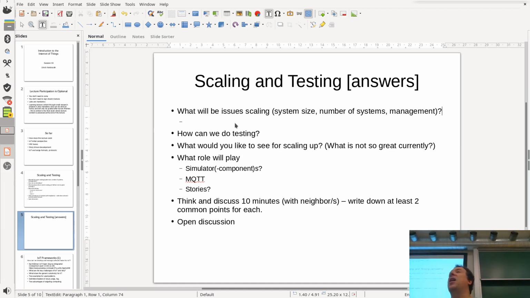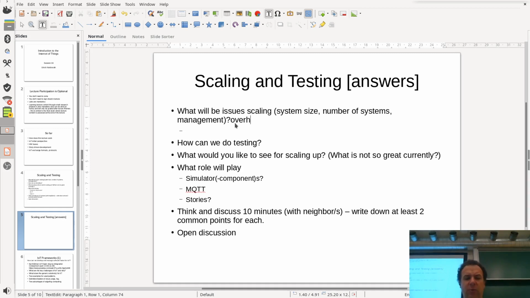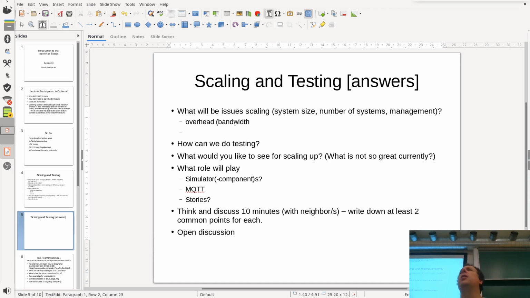Scaling up will greatly increase the overhead. Overhead in terms of what? Bandwidth? Bandwidth and necessary time per person, if you do it all manually, yeah? Bandwidth and manual configuration.